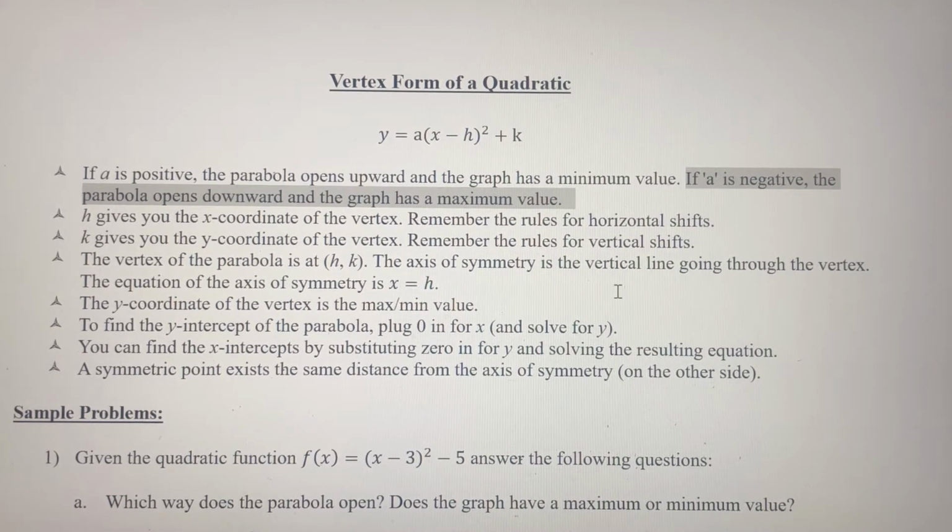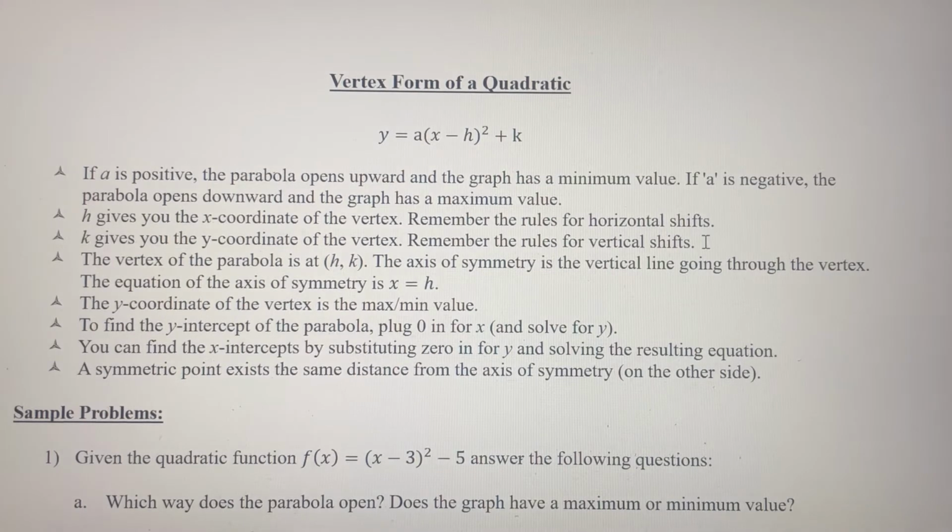All right. Now, the reason this is called vertex form is because you can just look at the equation and pull the vertex of this parabola right from the equation, okay? So we've got minus h, so this h value is going to be the x-coordinate of the vertex, okay? This constant k is going to be the y-coordinate of the vertex.